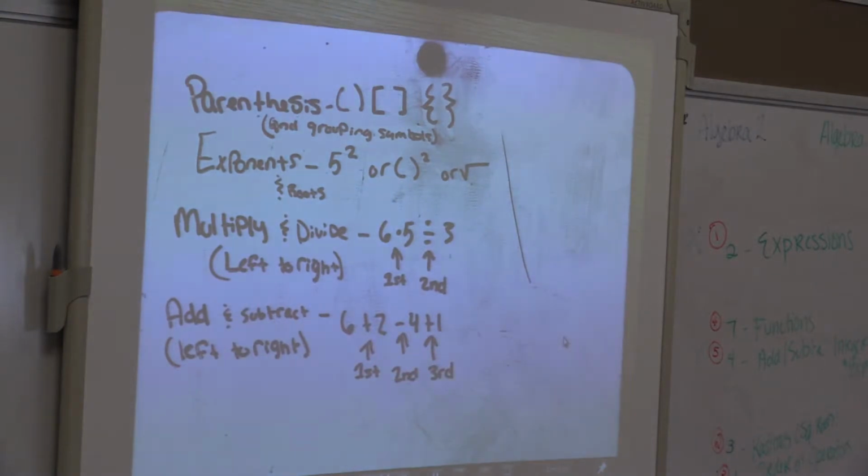Examples of parentheses and grouping symbols are those. Examples of exponents and roots are those. Examples of multiplying and dividing from left to right are right there, first, second. Examples of adding and subtracting from left to right are first, second, and third.